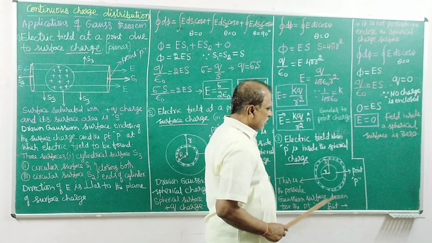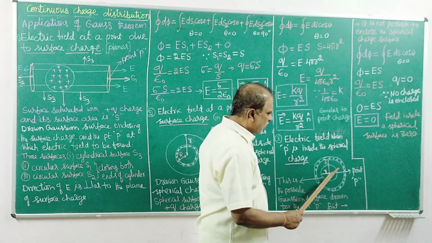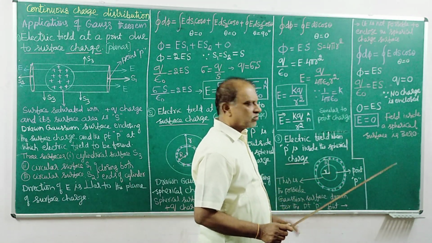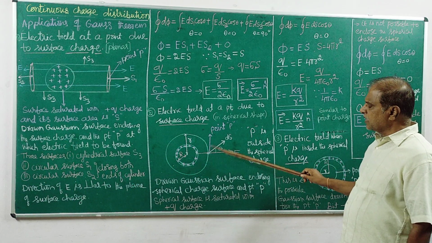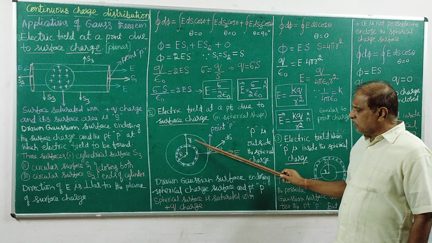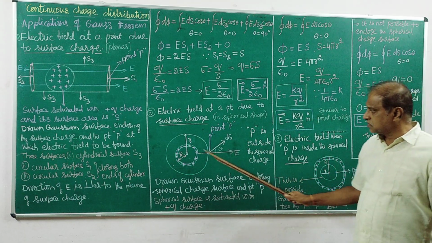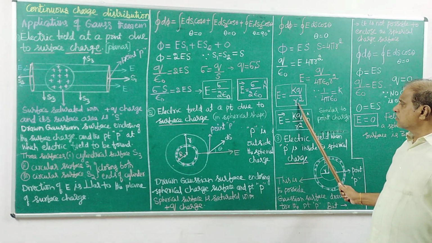Look at that. If you have a spherical charge and take any point inside, there is no electric field. But if you take any point outside, the electric field is applicable. The electric field at a point outside depends on the amount of charge distributed and also the distance of separation.